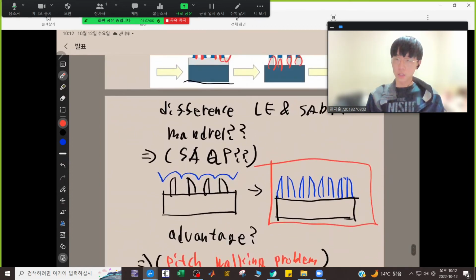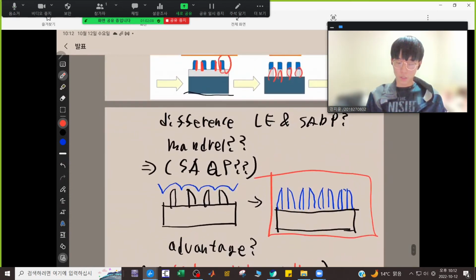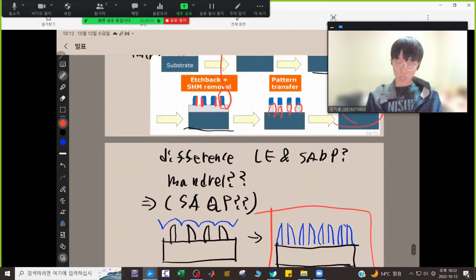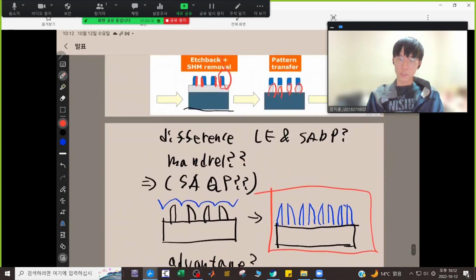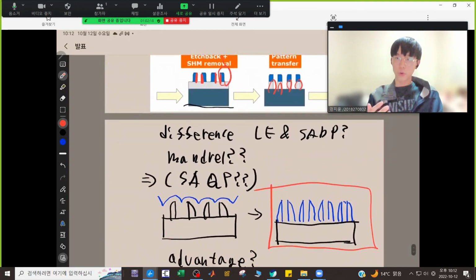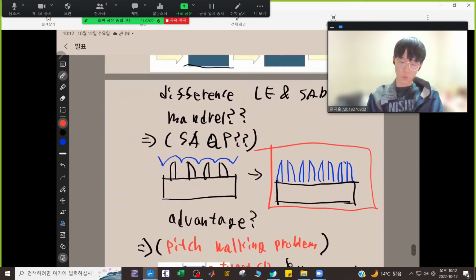This means that self-aligned double patterning or self-aligned quadruple patterning is a good process for small critical dimension.